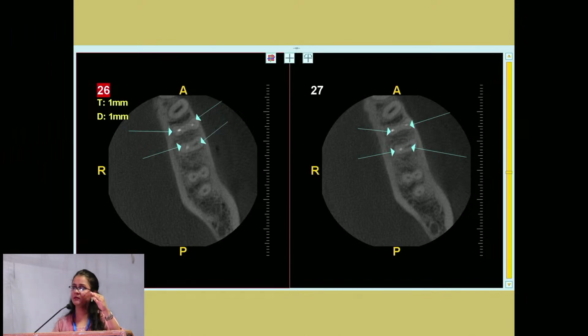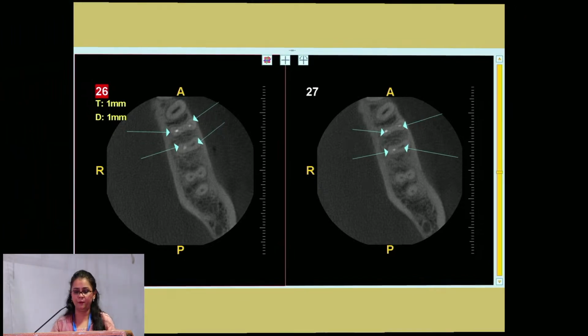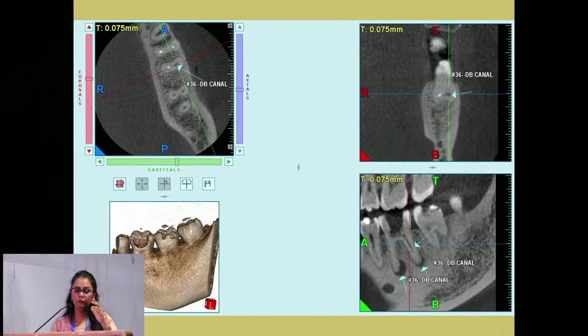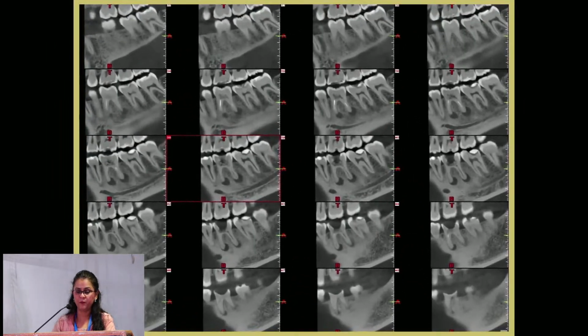You have to see whether there is any form of calcification present in the canal. All these things have to be reported in a very systematic way. How far is the canal from the adjacent canal? This is how I give my report and the printout.